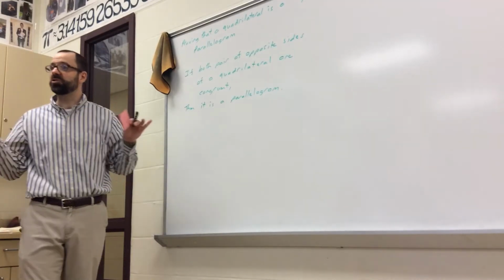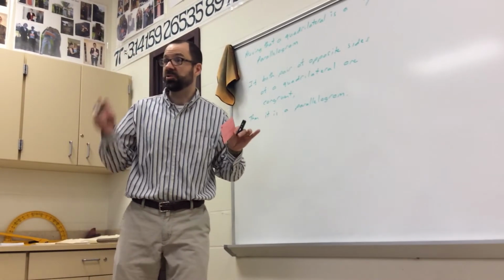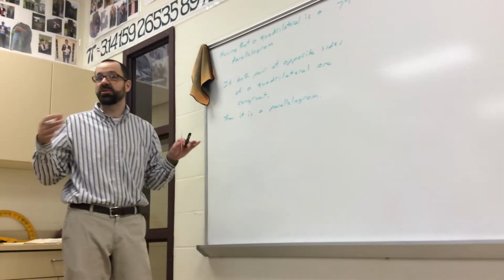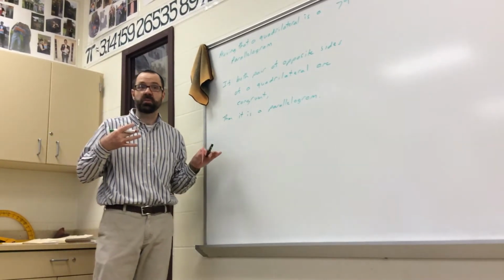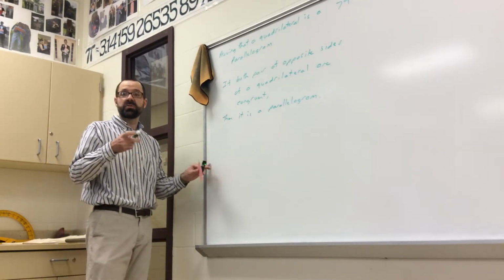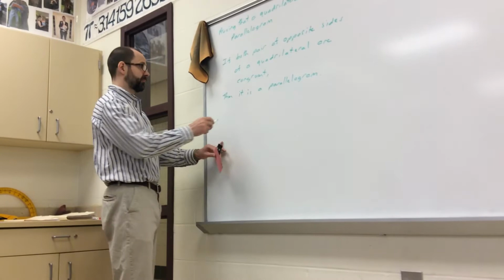Okay, but maybe you lost your ruler, but you have your protractor, because you would never lose that, because it's such a dear tool to you, because you love your protractor. So you lost your ruler, but you've still got your protractor. So you instead are going to measure the angles.